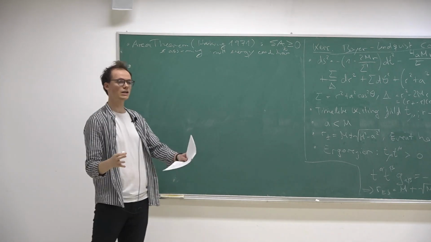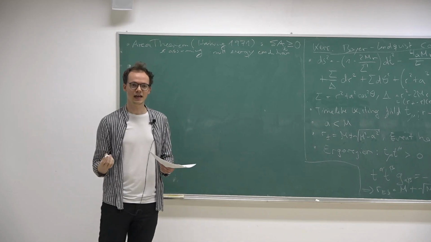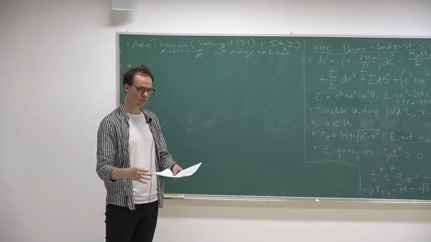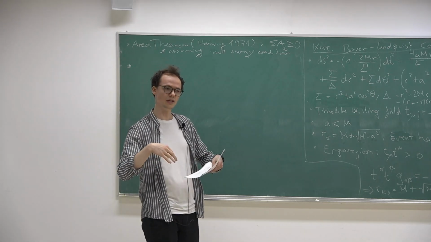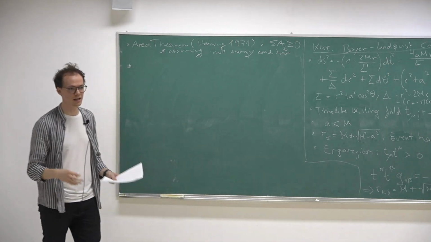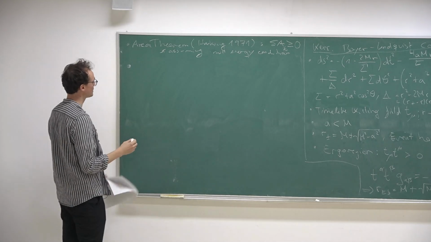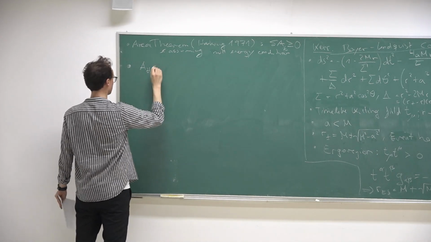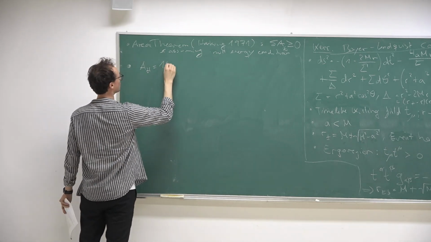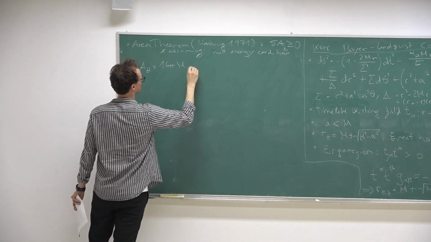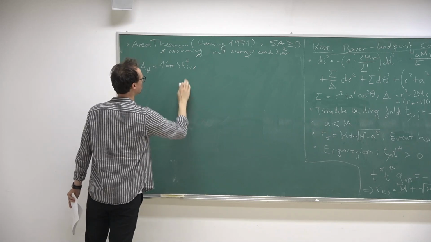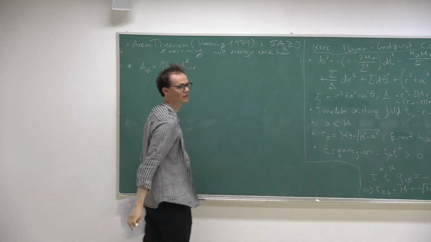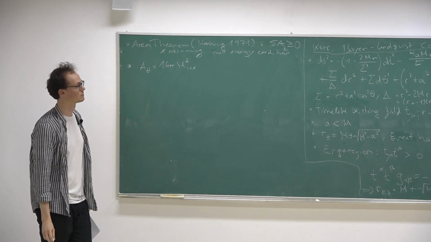I give you a black hole, it has some given mass, and there's no way for me to change the area, which basically means there's no way for me to change a particular type of mass. This led Christodoulou to find irreducible mass. He called it irreducible because it can only increase according to this theorem.